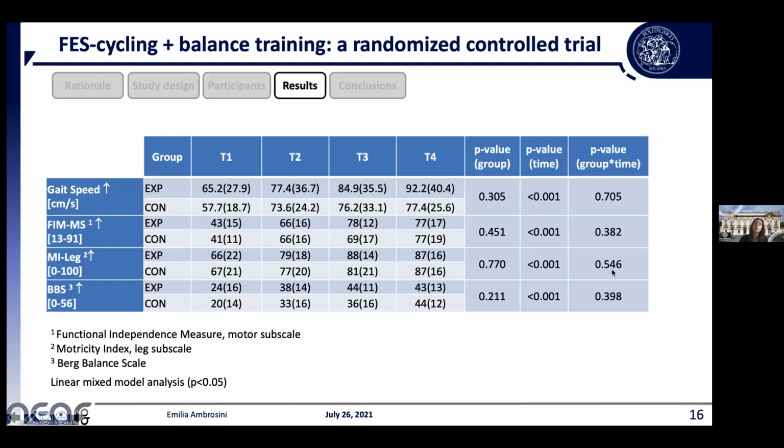So from this table, we could not say that our intervention group was superior. We could not find any statistically significant difference between the 2 interventions.